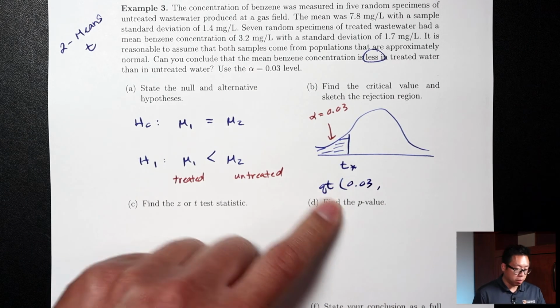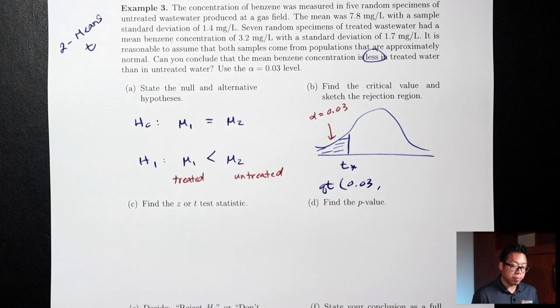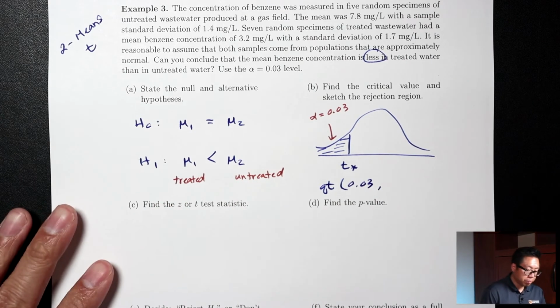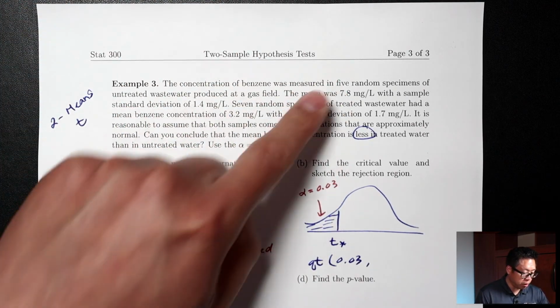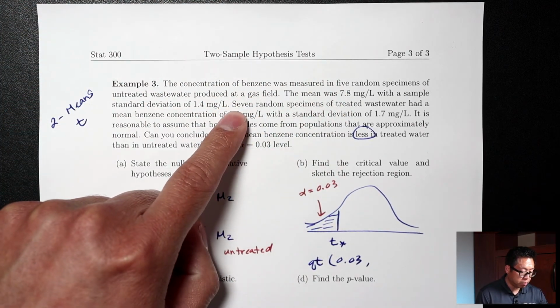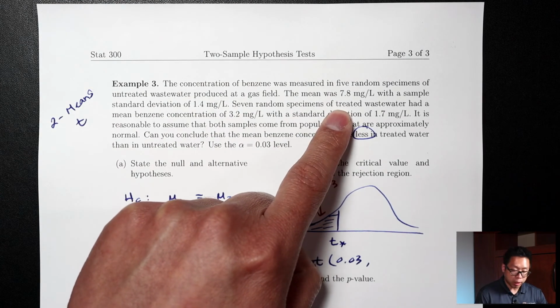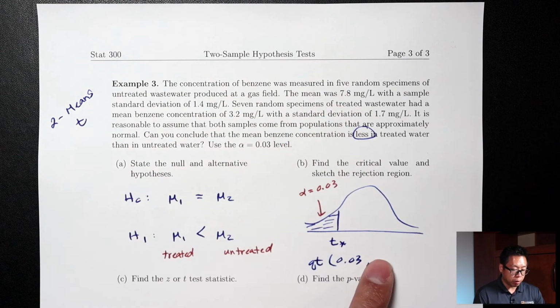QT has a DF, so comma, degrees of freedom. And remember, when we're talking about 2 samples, we use the smaller sample size. Our sample sizes are 5 untreated and 7 treated, so the smaller sample size is the 5, and degrees of freedom will be 1 less than the sample size.